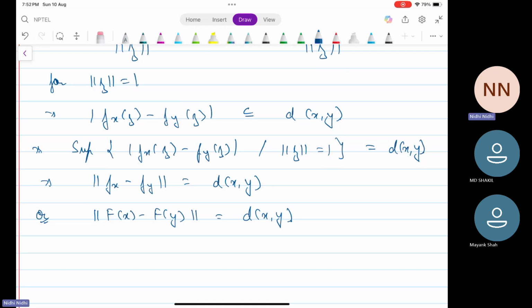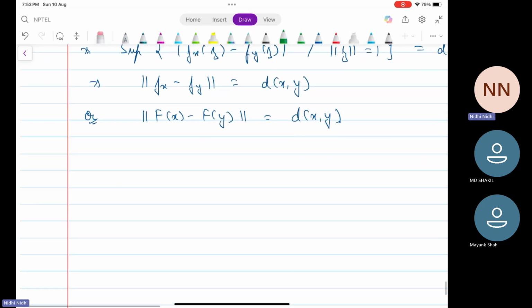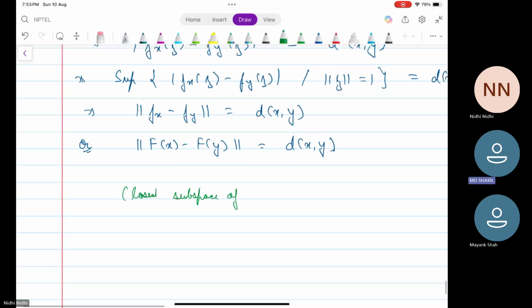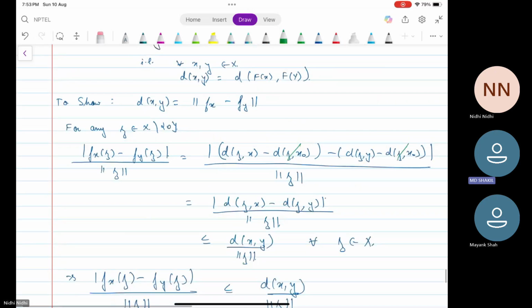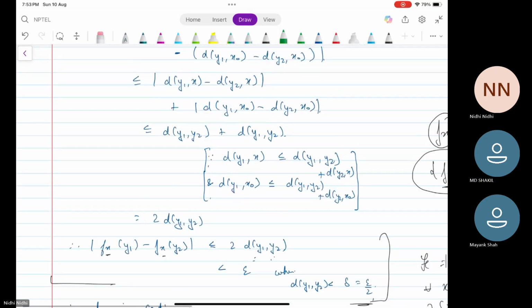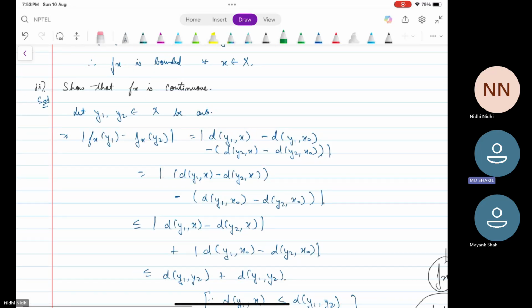Okay, so next part is direct. I hope you have done this result that every closed... Yes, ma'am. When we are proving that F(x) is continuous, did we use the sup norm or the simple norm?